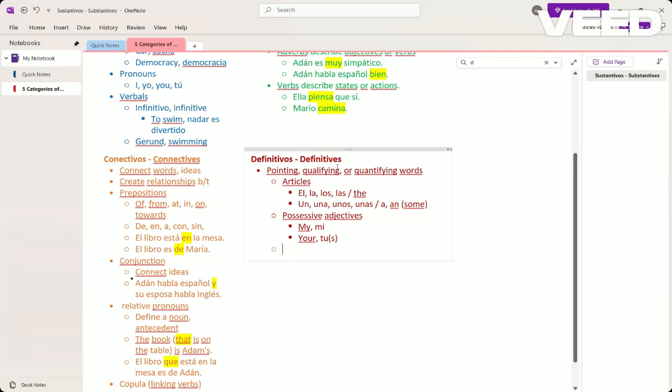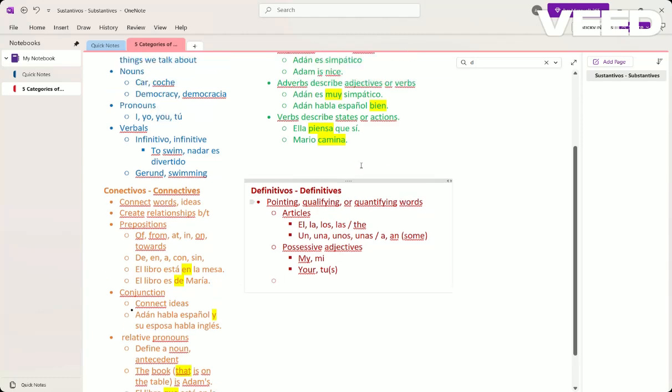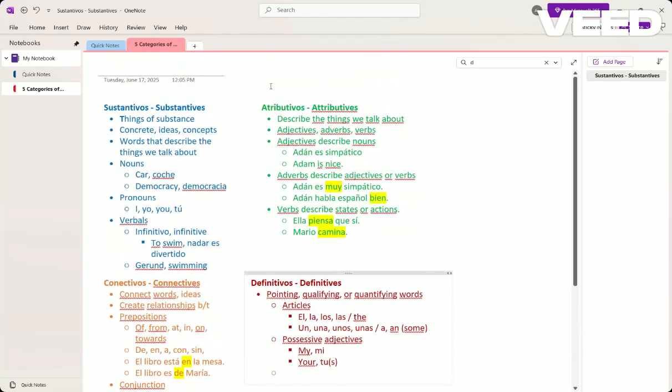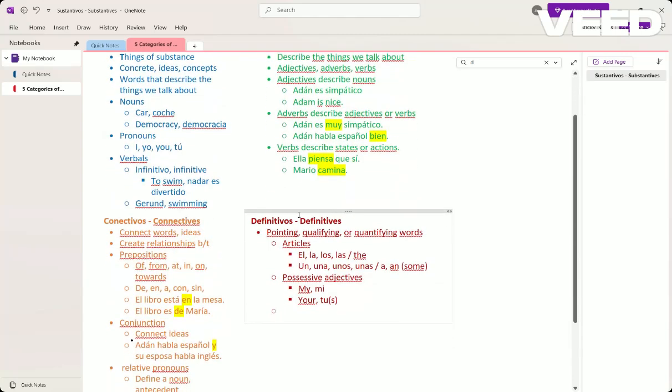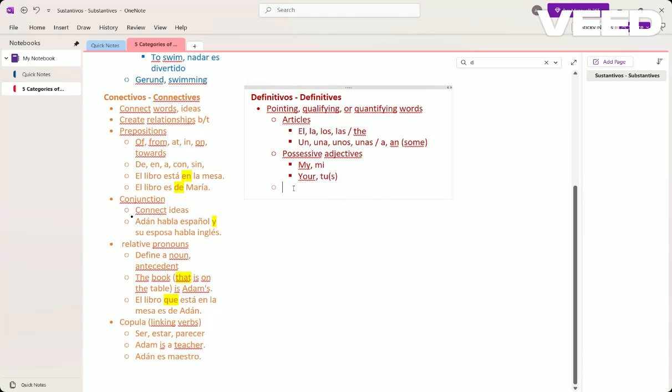We're not going to go too much into these, but these are the four most important categories of words: sustantivos, atributivos, conectivos, definitivos. The whole point here is, if you're learning English or Spanish and you don't understand what the words are, knowing these functions of words can help you learn, or at least get the gist of what's happening.